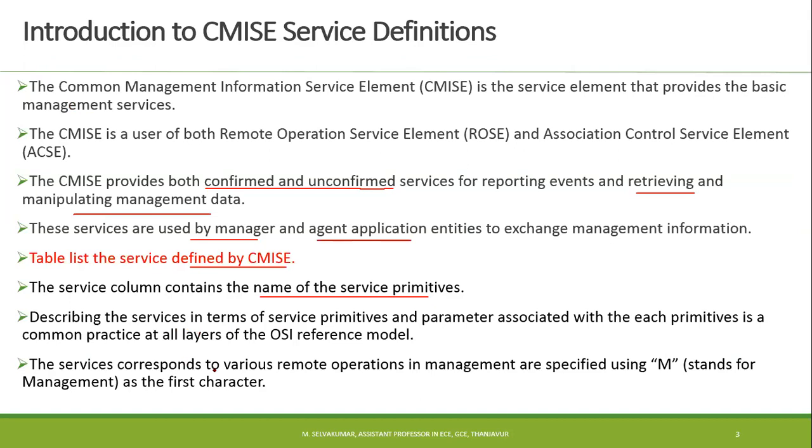The services corresponding to various remote operations in management are specified using M. This M stands for management, as the first character. So M-EVENT means the operation is done in the remote system; the service has to be done in the remote systems.